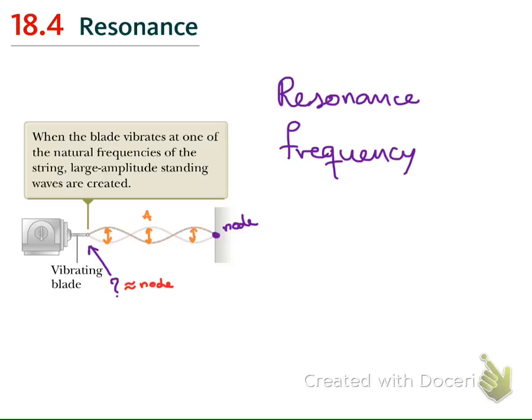Also, we can see that when we have the standing wave here, the oscillation can be the largest. I mean, we can have the large amplitude of the oscillation here at the antinode. And how can the medium oscillate?